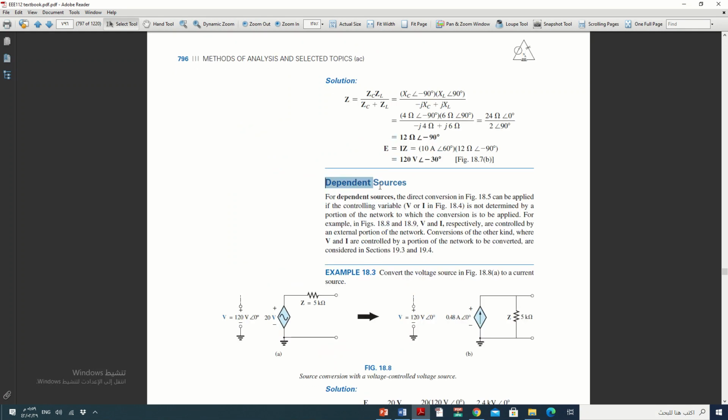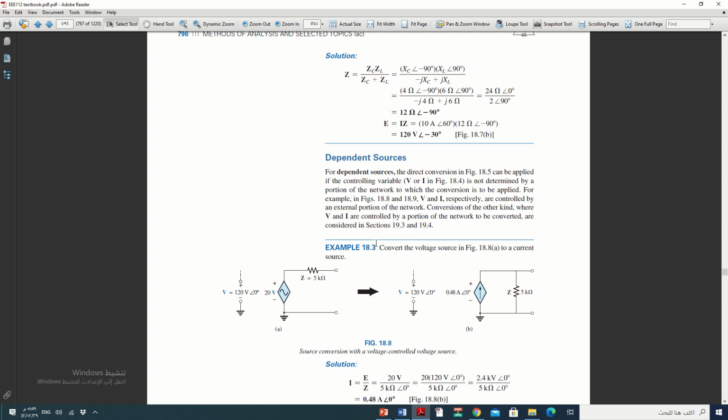For a dependent source, you need to be careful about the value of the voltage or current. Like this: convert the voltage source in figure 18.8a to a current source. Now we have this dependent source, which is 20 constant multiplied by V, and this is our impedance, and V is given here as 120.